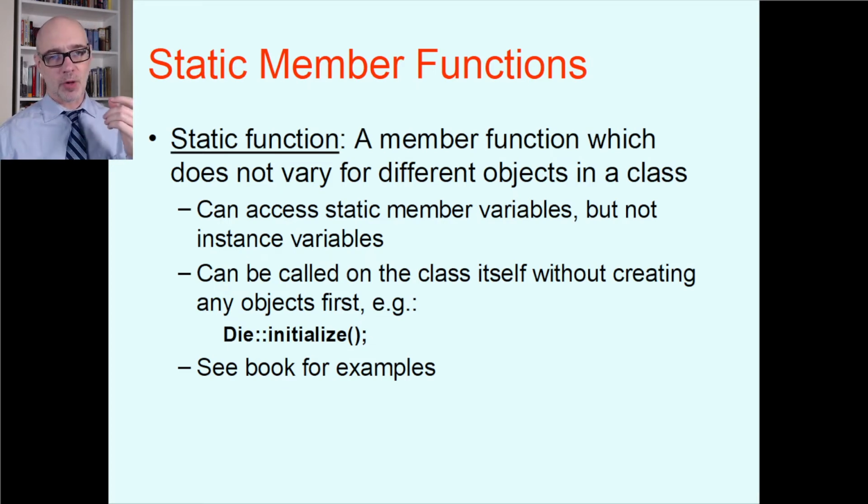So if I have a rectangle class and I have a member called setLength, I'm thinking that every single rectangle has its own setLength function. Now that's a little bit of an illusion, but I am thinking that if I call setLength for object 1, it's changing the length variable in that rectangle. But if I call setLength for rectangle 2, it's changing the length variable in that rectangle. And of course, those are different pieces of data. So conceptually, it seems like those functions are doing separate jobs.